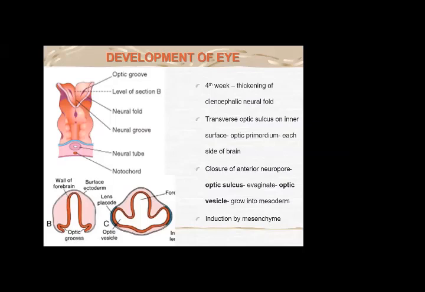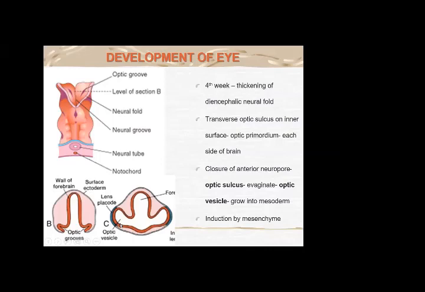This evagination produces a structure like this, in which the distal end of this evaginated structure is expanded, but the proximal end is narrowed. This evaginated structure with its dilated distal end is called optic vesicle.